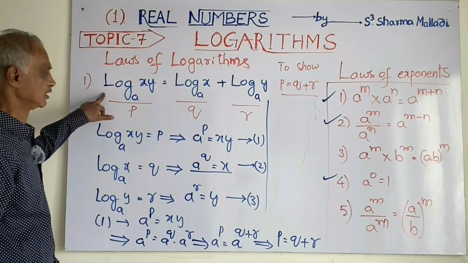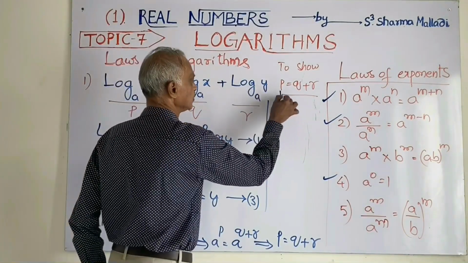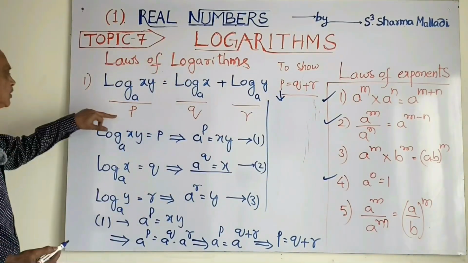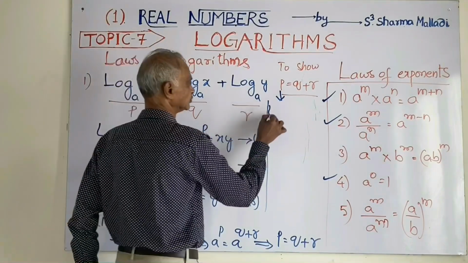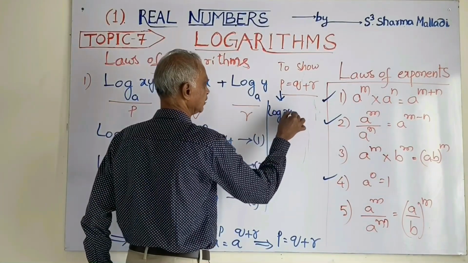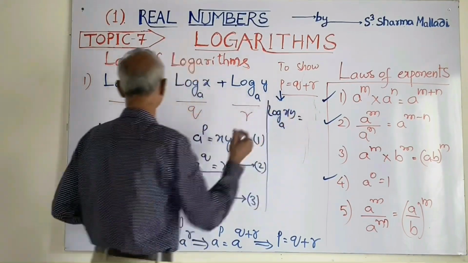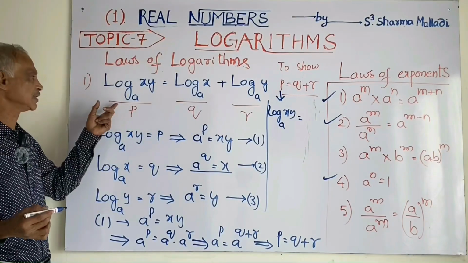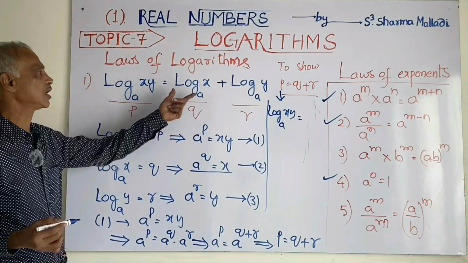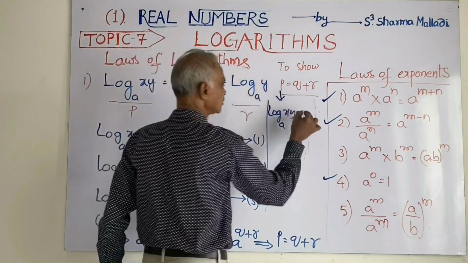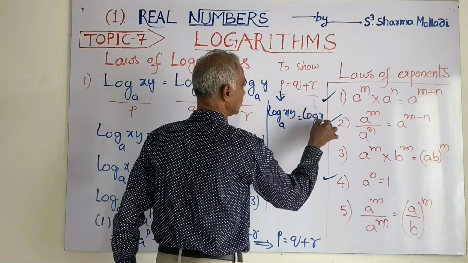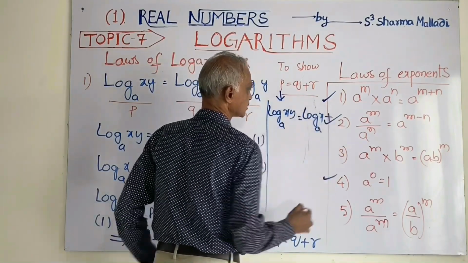Now you got p is equal to q plus r. What is p here? P is log xy to the base a. What is q? Log x to the base a, plus.